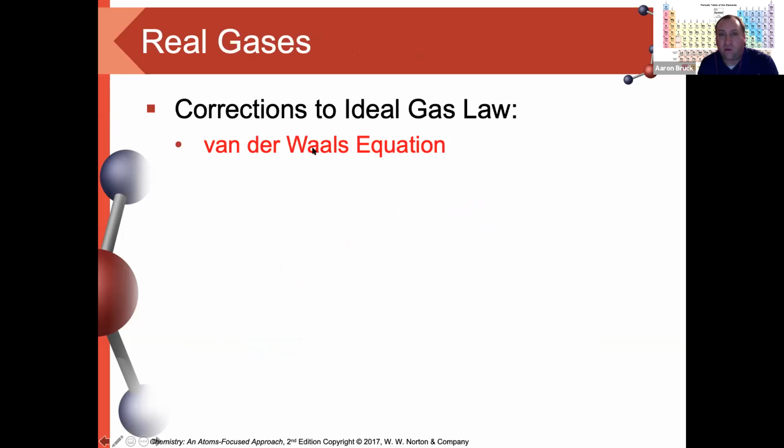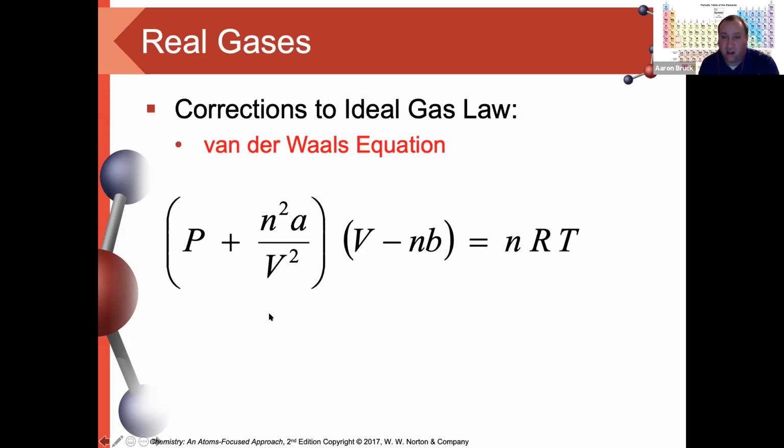And the way that we do it is using something called the van der Waals equation. Now, the van der Waals equation applies corrections to the ideal gas law based upon attractive forces that exist between molecules and the size of the molecules themselves. And so where that gets applied is here.